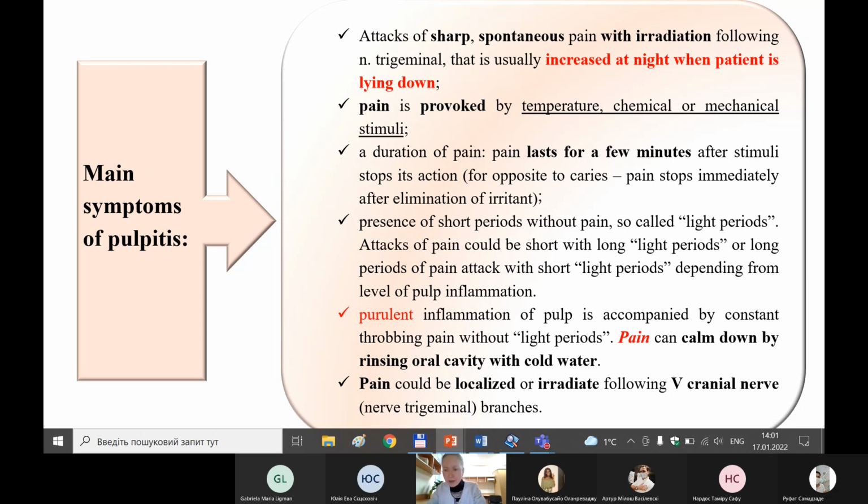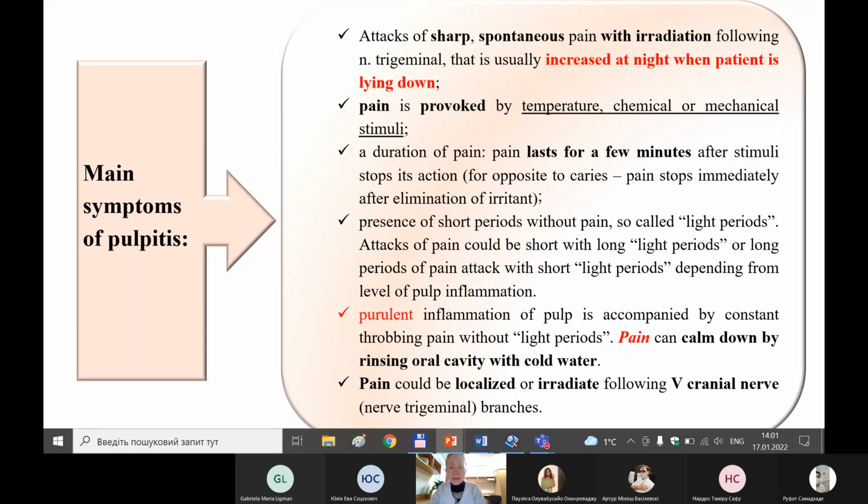Purulent inflammation of the pulp is accompanied by constant throbbing pain without light periods. Pain can be a little bit calmed down by rinsing the oral cavity with cold water. It is a pathognomonic symptom of purulent inflammation.